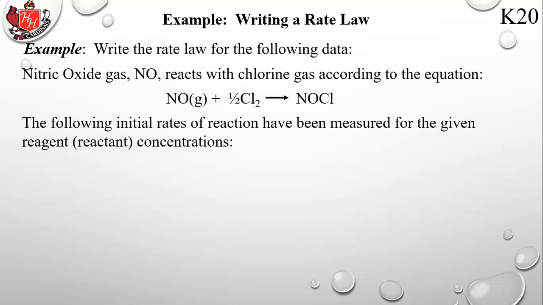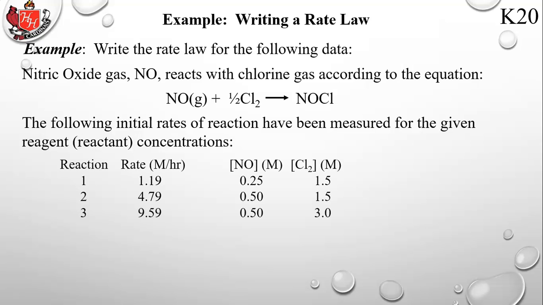Let's take this example. Nitric oxide gas, NO, reacts with chlorine gas according to this equation, and the following initial rates of reaction have been measured for a given reagent of concentrations. So let's take a look at what this is saying. You ran three reactions in a lab, and in the first one you used a concentration of NO of 0.25 molar and 1.5 molar of chlorine.